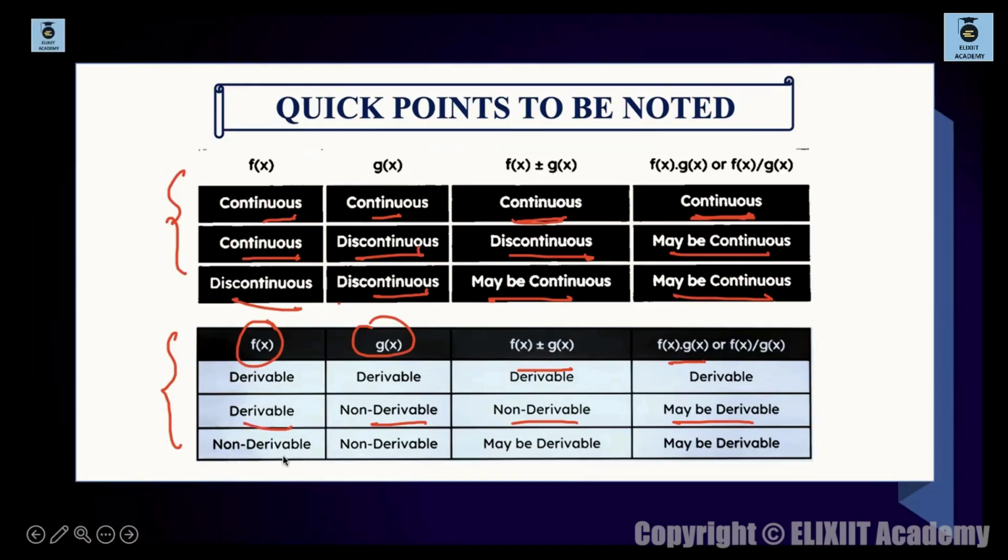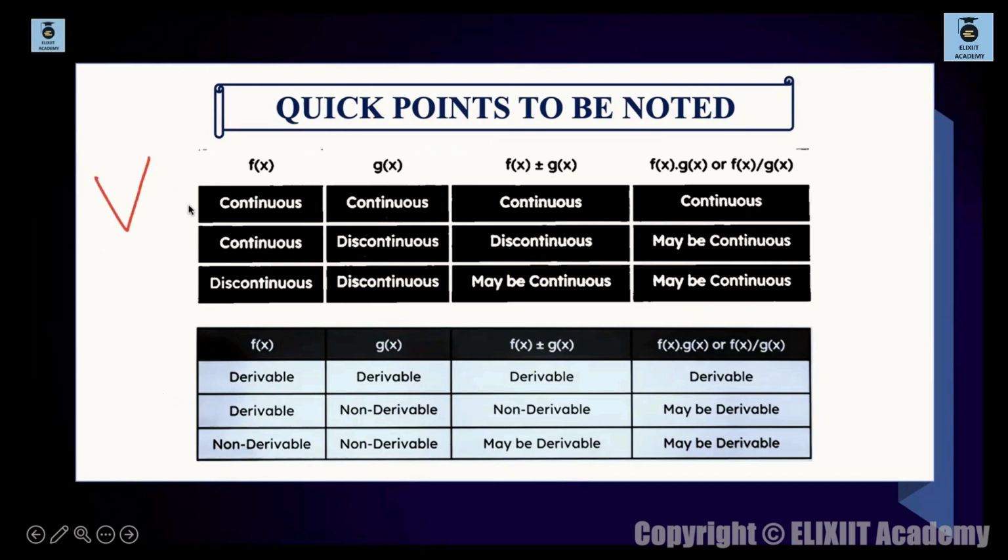Similarly, non-differentiable plus non-differentiable may be differentiable, and their product also may be differentiable. It is similar to the continuity one, and you can verify this with some examples. Now some fundamental things regarding graphs should also be known to you: at sharp corners, the function is not differentiable.